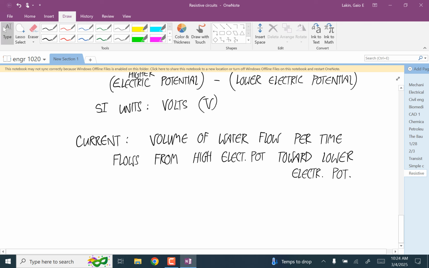The SI units for current are amps. And we'll abbreviate that with a capital A.